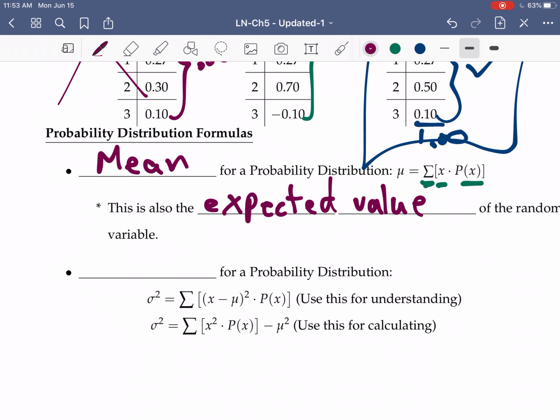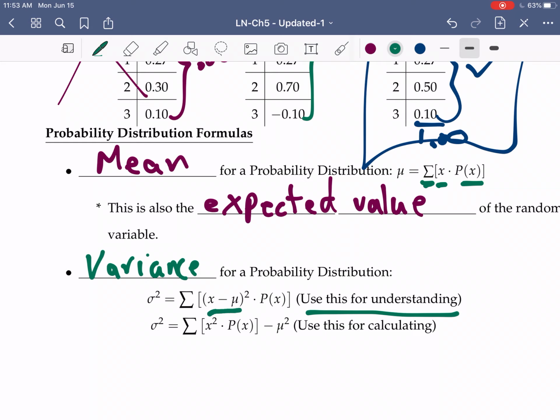To calculate the variance, we use one of these two formulas. The first formula is maybe better for understanding. It feels a little bit more like that process we talked about before for individual data values.